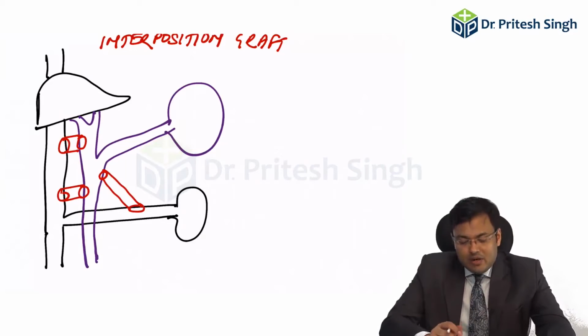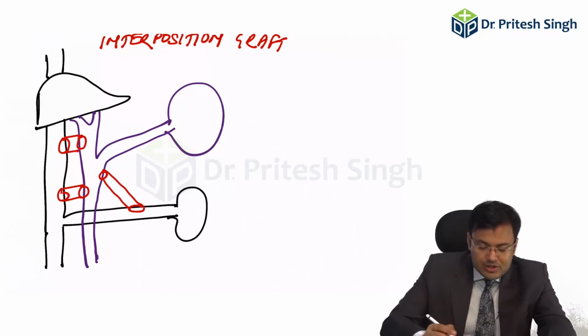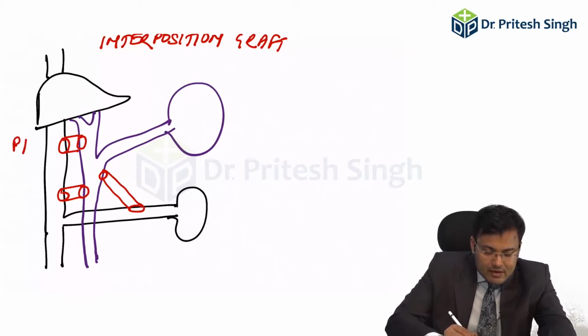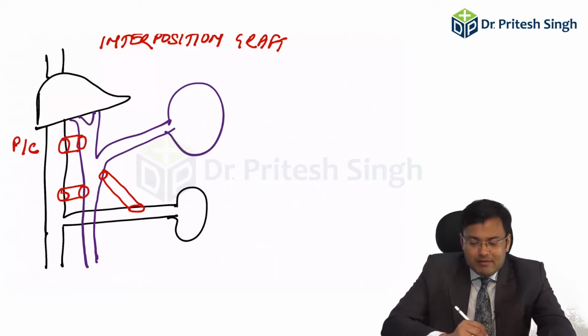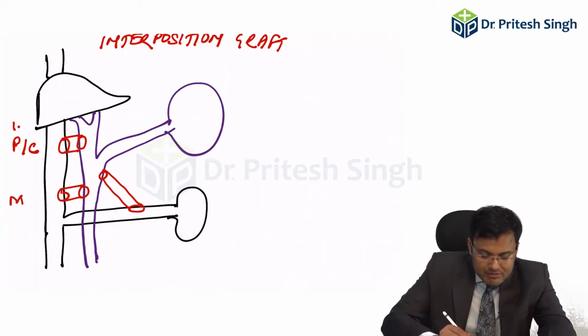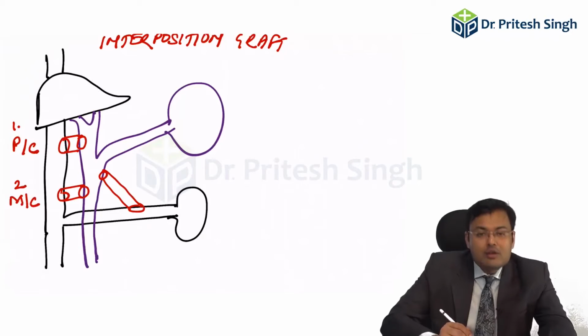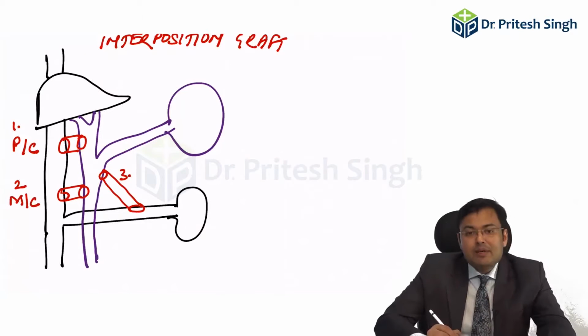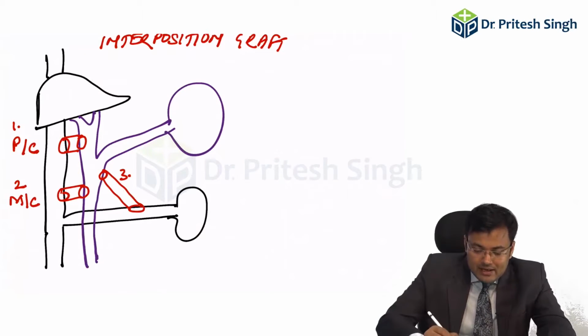Clear? So see what are the names of these interposition grafts. Interposition graft between portal vein and vena cava, so the name is portocaval. So first is portocaval. This one is between superior mesenteric vein and vena cava, so second is mesocaval. And this third one is between superior mesenteric vein and renal vein.